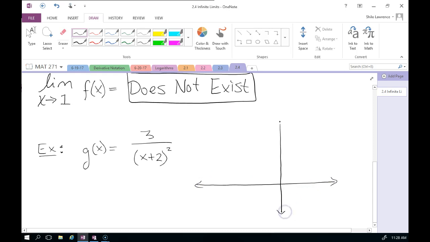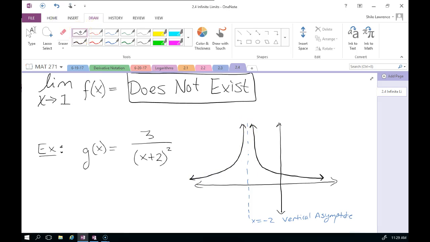It's going to have a vertical asymptote at x equals -2. And that vertical asymptote splits it into two pieces. But both of these pieces are above the x-axis on either side.